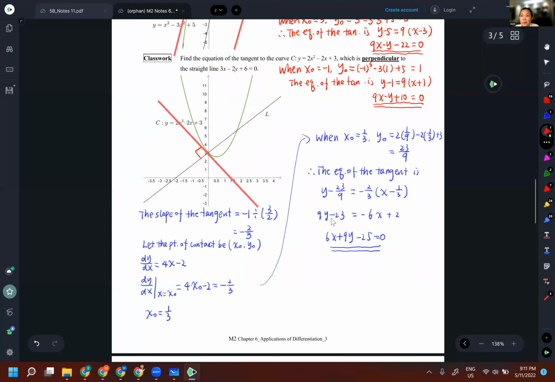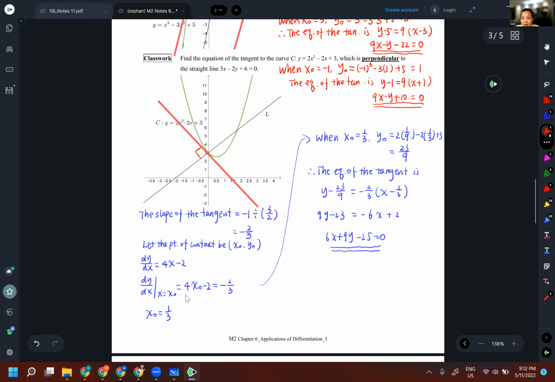Now you can look at my answer from the left. First, I find out the slope of the tangent. It's -2/3. And then I set out to find the point of contact.